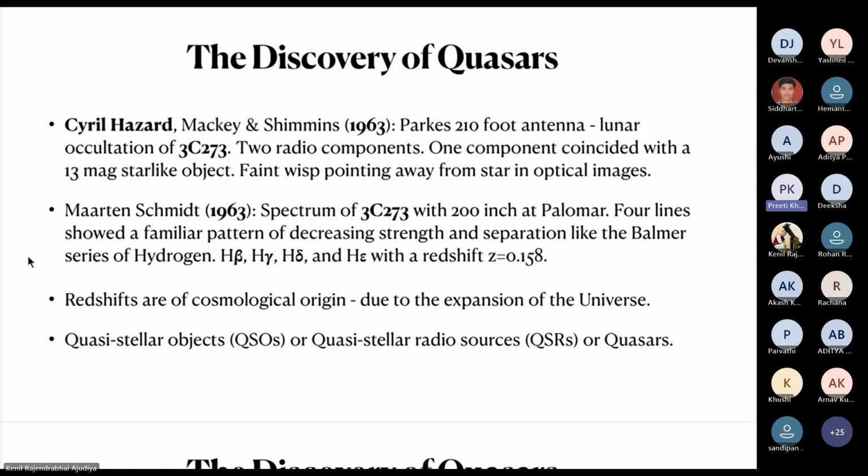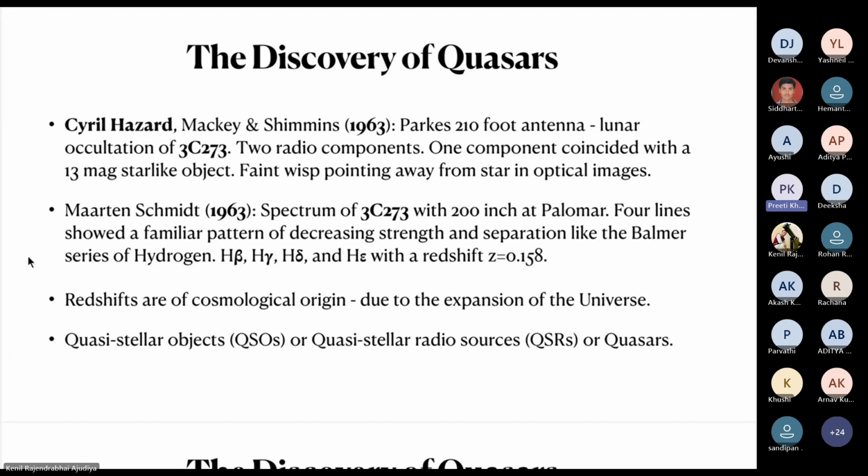At the same time, in 1963, Martin Schmidt, who was at the Palomar telescope in the US, was looking at the optical spectrum of this particular source, and was able to identify a pattern of emission lines, which took him a little while to understand were actually the Balmer series of hydrogen, but at a very high redshift.